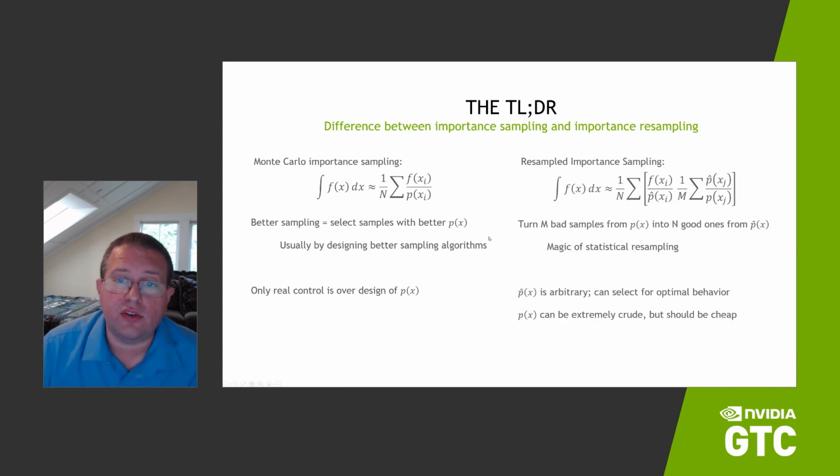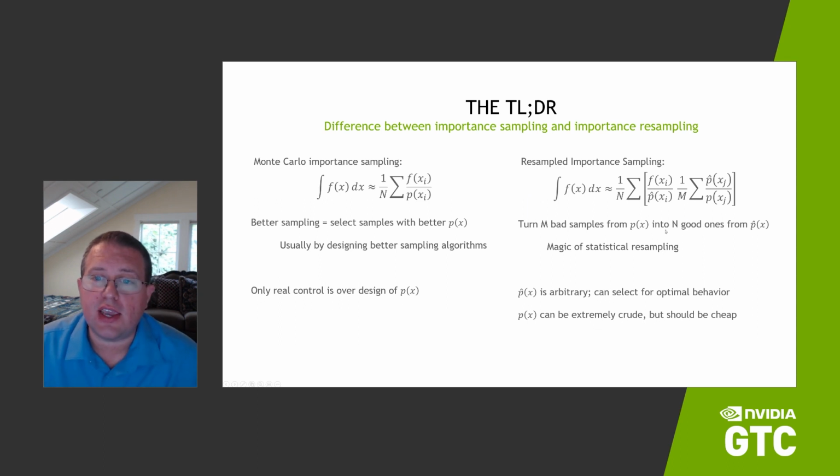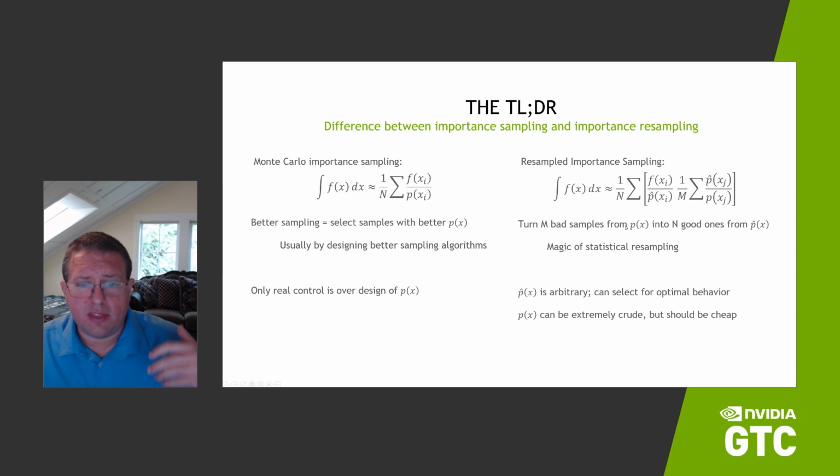With RIS, you get this formula over here, and what you're essentially doing is you're taking m samples, some number of samples from p, and they might be kind of bad, but via the magic of statistical resampling, we're going to turn m bad samples from p into n good ones from p hat.